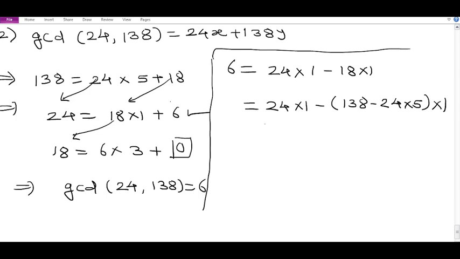So this will be equal to 24 into 1 minus 138 into 1 plus 24 into 5.